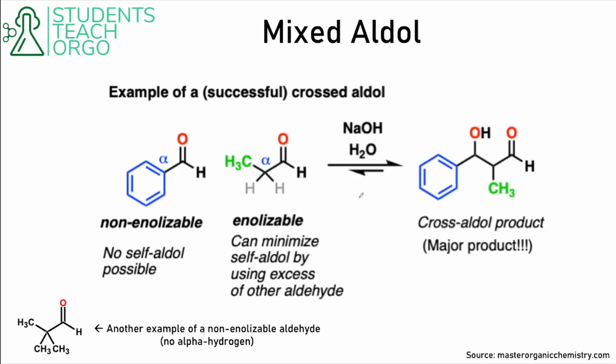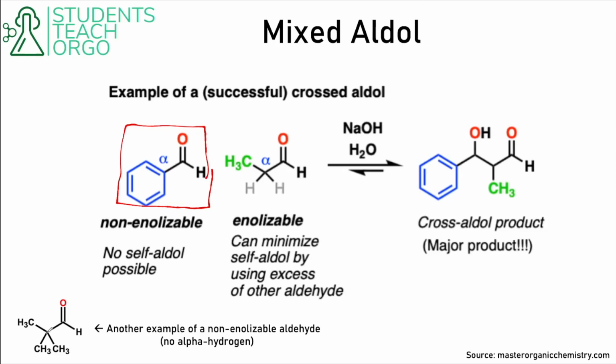Now there is a way that we can kind of control and sometimes get fewer products from this crossed aldol reaction, and that is if we specifically choose an aldehyde that does not have an alpha hydrogen. So this aldehyde right here doesn't have a hydrogen, which means it's non-enolizable. We can't make an enolate from this aldehyde. I drew another example of a common non-enolizable aldehyde that you might find.